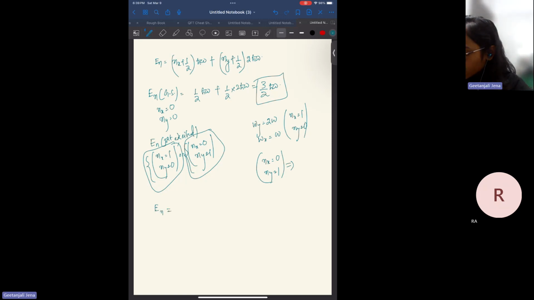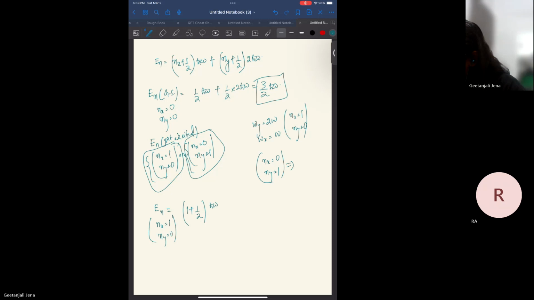Let's say the first one is nx equal to 1 and ny is 0. That will give 1 plus half h cut omega, which is nothing but 3 by 2 h cut omega.